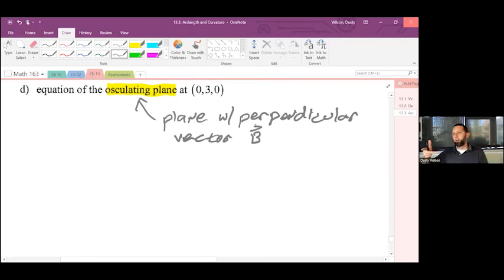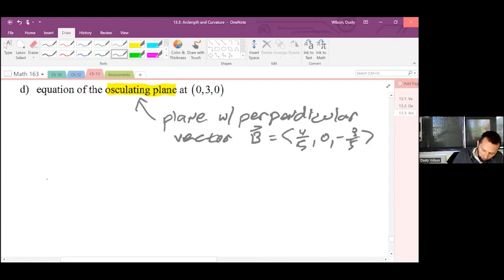The osculating plane is the one that holds the nose of the plane and the wings of the plane. Remember that B in our case is 4/5, 0, negative 3/5.